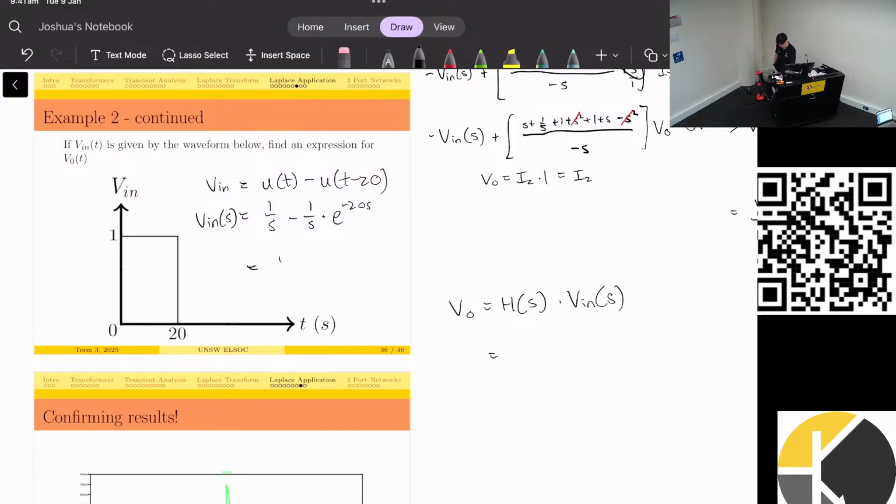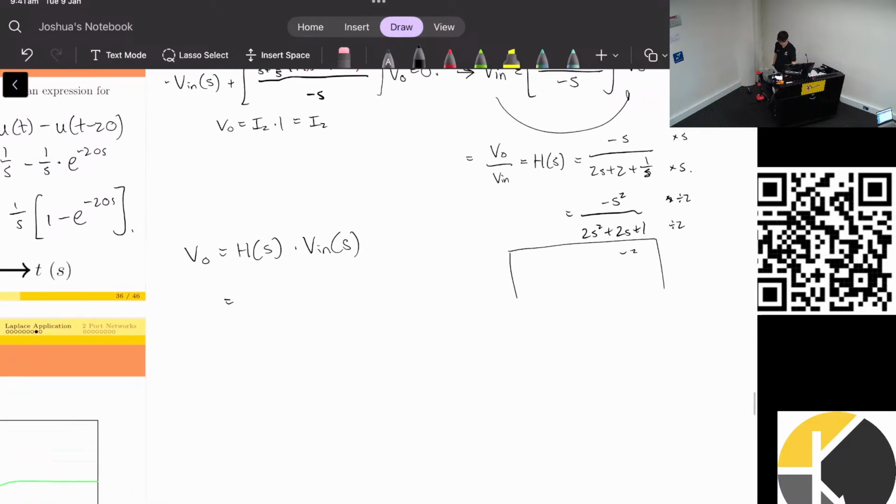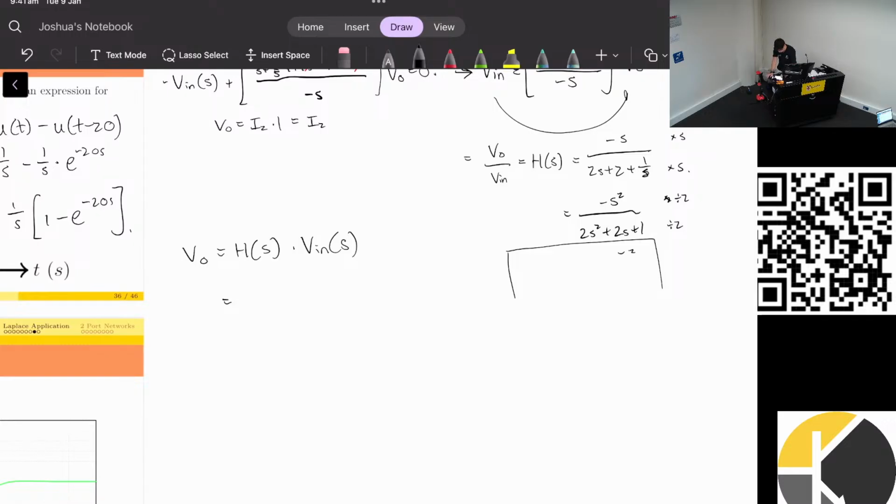I can factor out 1 on s. Now I get 1 minus e to the minus 20s, and I can sub that in. So I'll put in H. Put it in the form that we factorized.